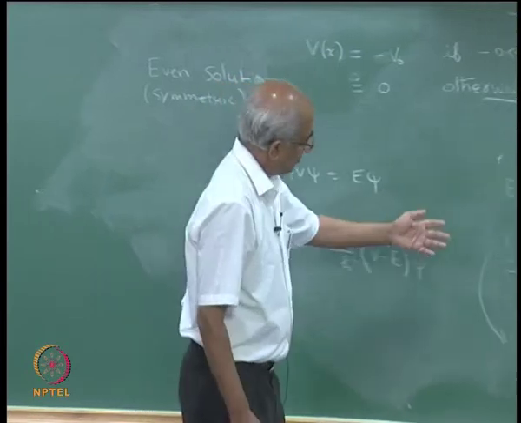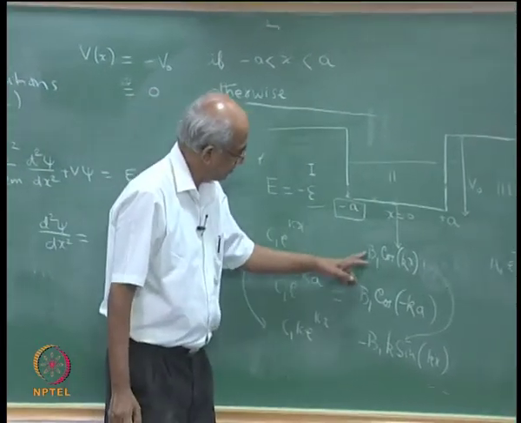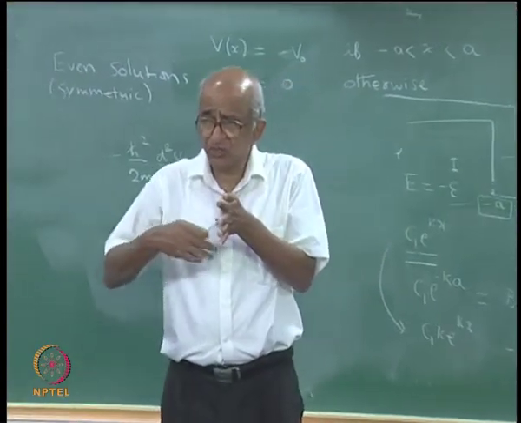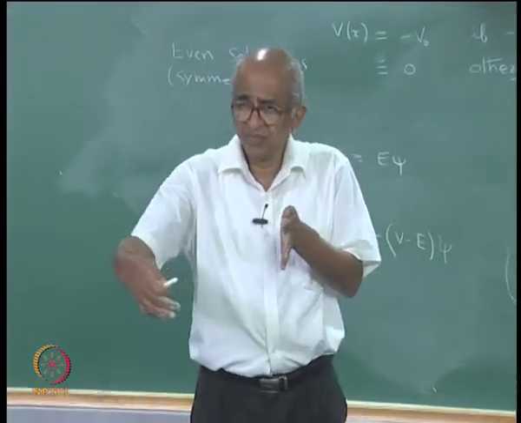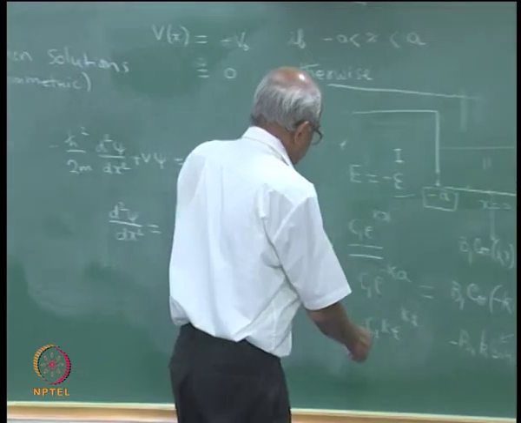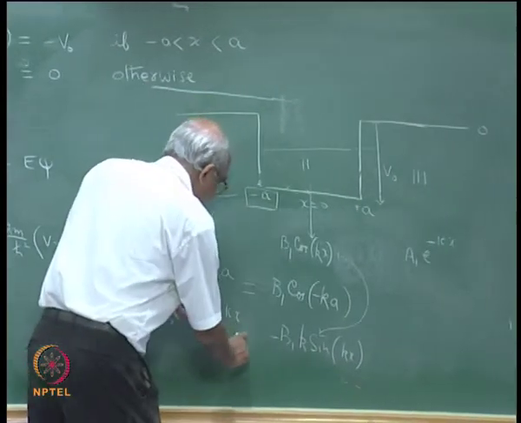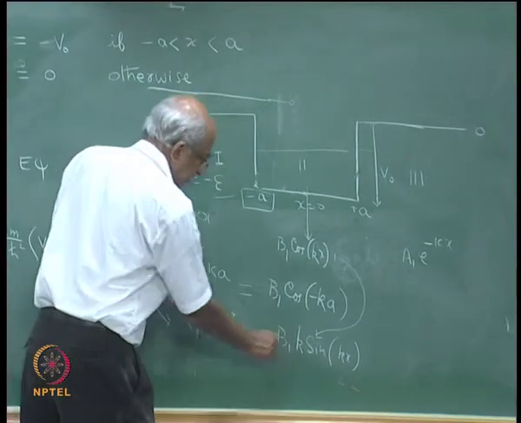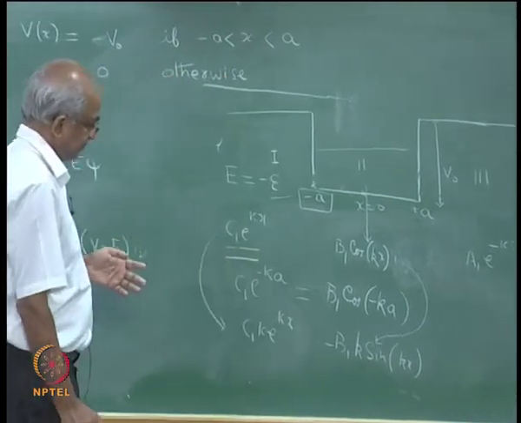So, the derivative of the first function is so much, the derivative of the second function is so much, and at the boundaries these two have to be equal. So, if you put x is equal to minus a, this and that have to be equal.